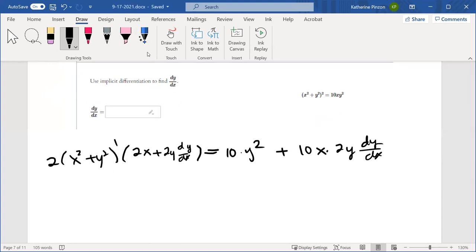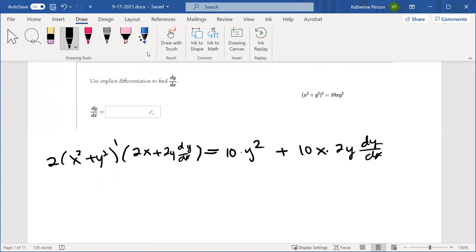Okay, I need the dy/dx terms on the left and the non-dy/dx terms on the right. The problem is that right now this 2 times (x squared plus y squared) is attached to both kinds of terms, a non-dy/dx term and a dy/dx term. So I have to distribute this before I can break it up.